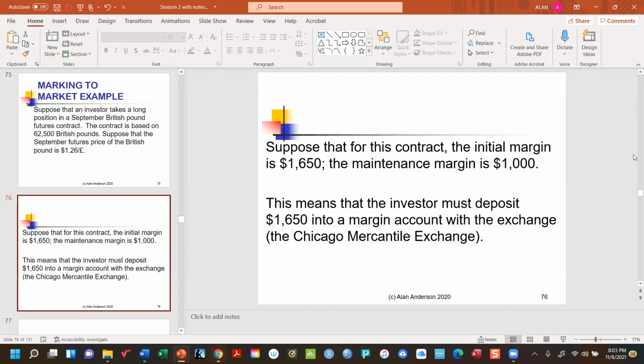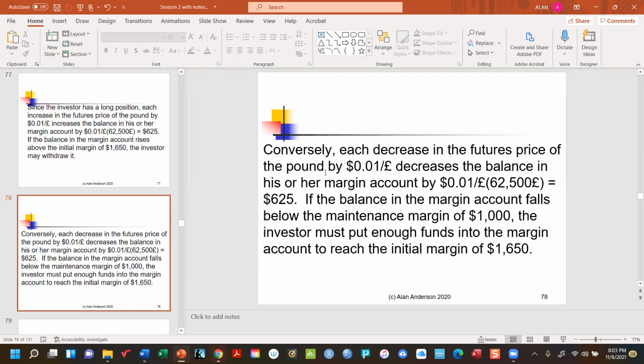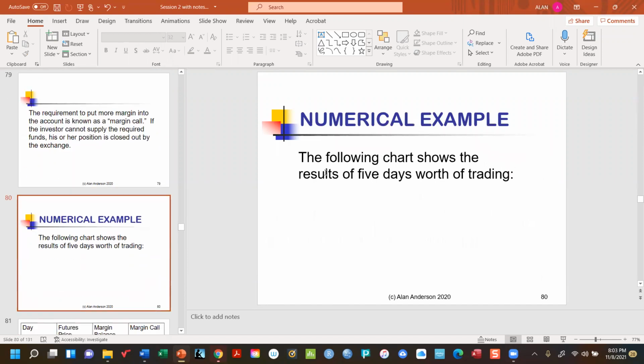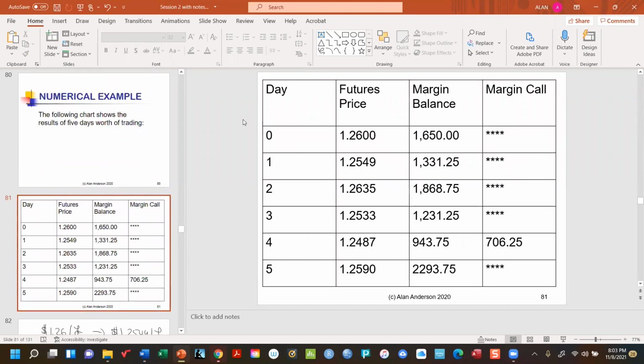All right, so now here I have a numerical example for you, so you can see exactly how this works. All right, so imagine that we enter into this contract on day 0. The futures price is 1.26. The margin balance is 1650. Now, the next day we lose money. We have a long contract, and how much do we lose?